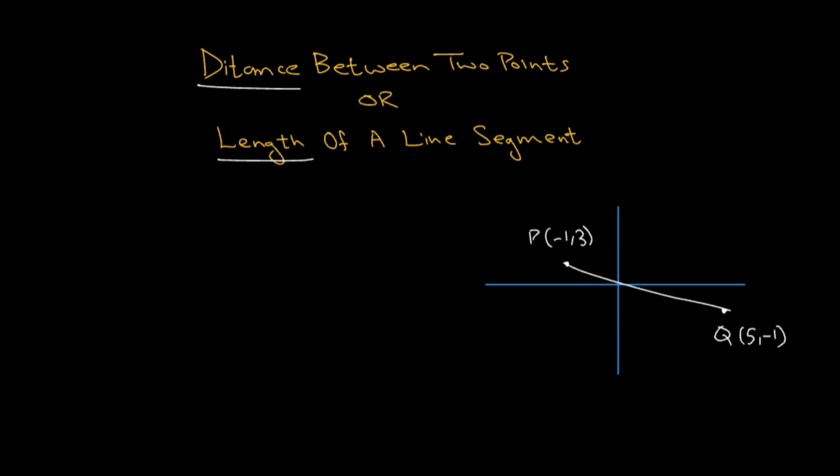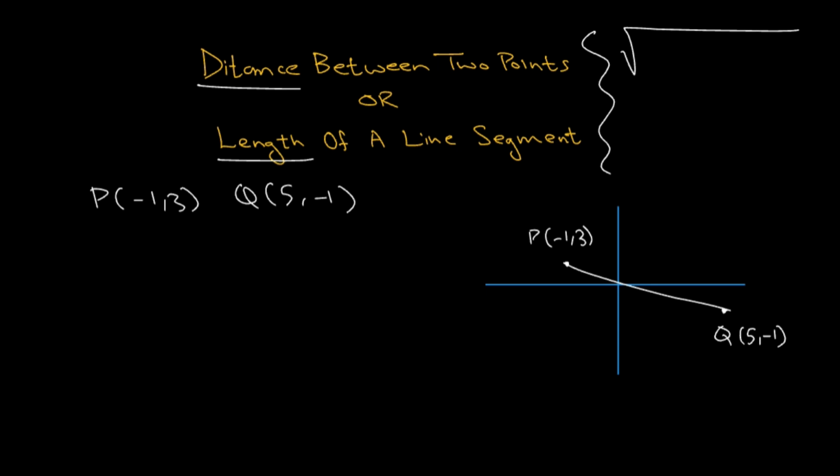Now you need to find out the length of line segment PQ, or the distance between P and Q. So the point P is negative 1 comma 3, and point Q is given by 5 comma negative 1. And the distance between 2 points is given by square root of distance between x coordinates square plus difference between y coordinates, y2 minus y1, again square.